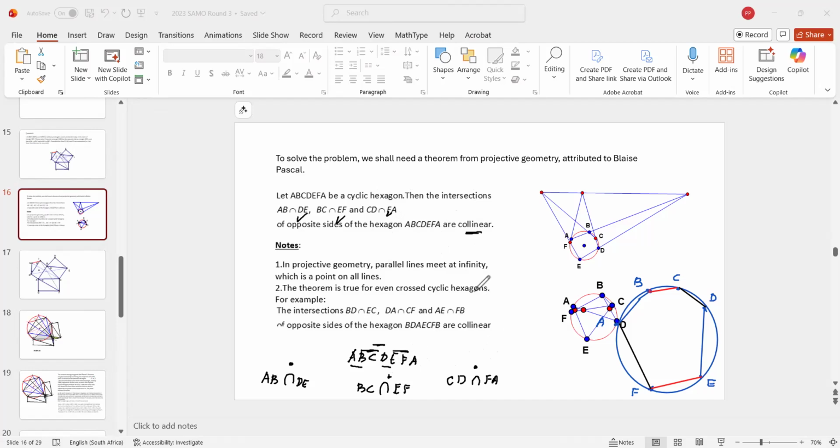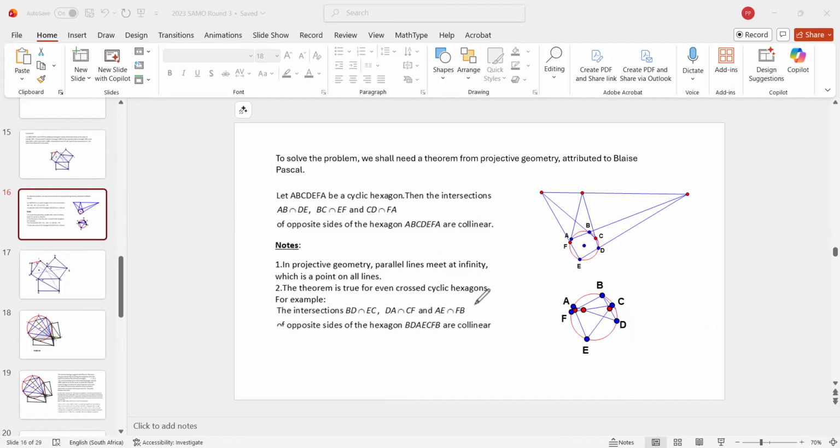Now, as I said, it doesn't really matter how you choose these points. You can choose these points in some other way. Like I could have chosen B, D, A, E, C, F. See, could have chosen it like that.